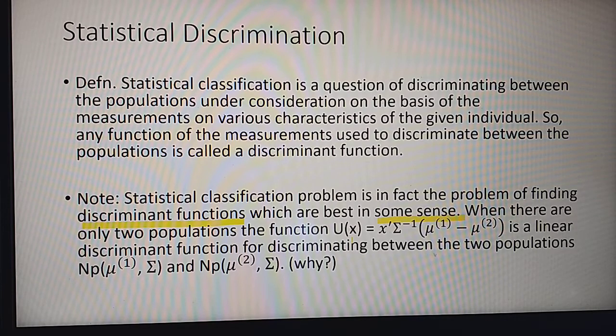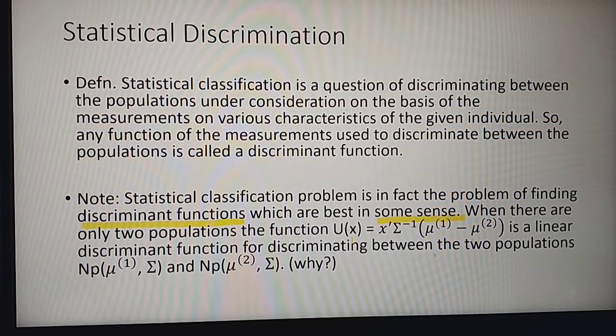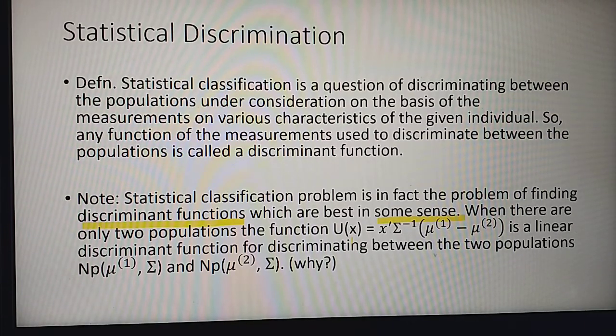If you know population 1, then you know the individual which population it belongs to. That means it is a classification. So classification means nothing but a discrimination between the two populations, and in particular if there are only two populations, discriminating between the two populations.